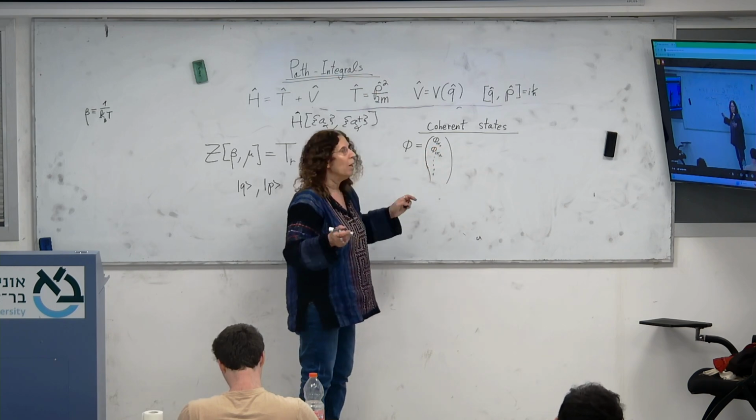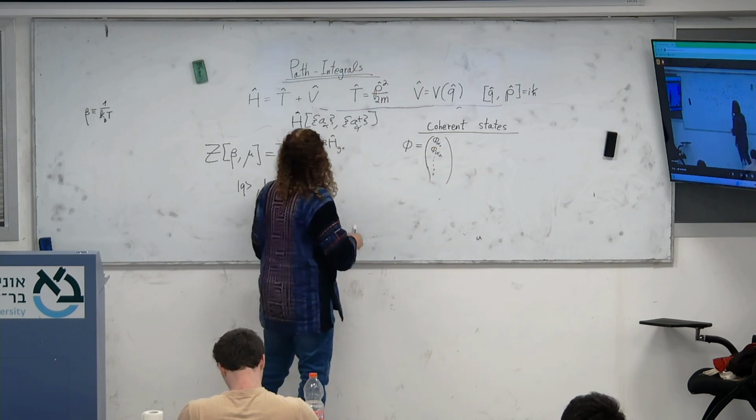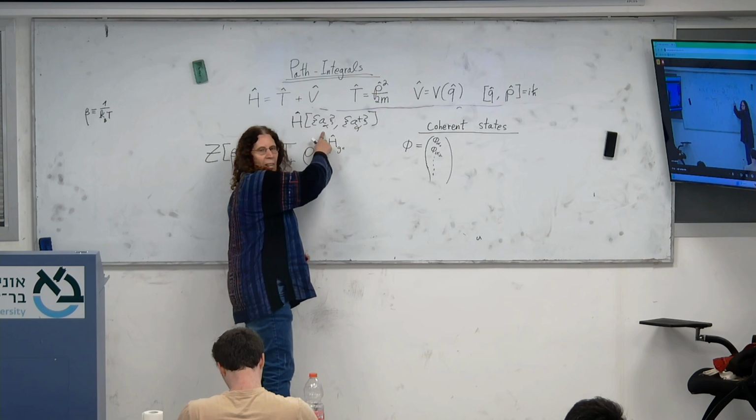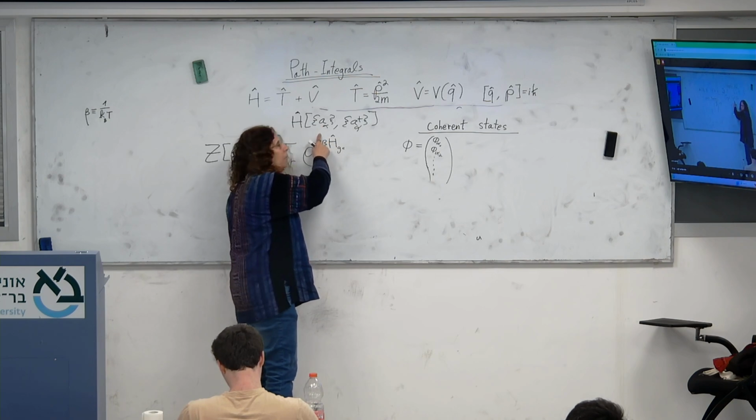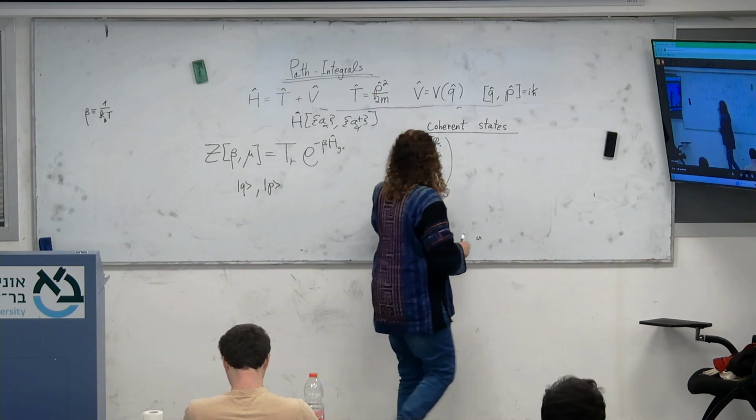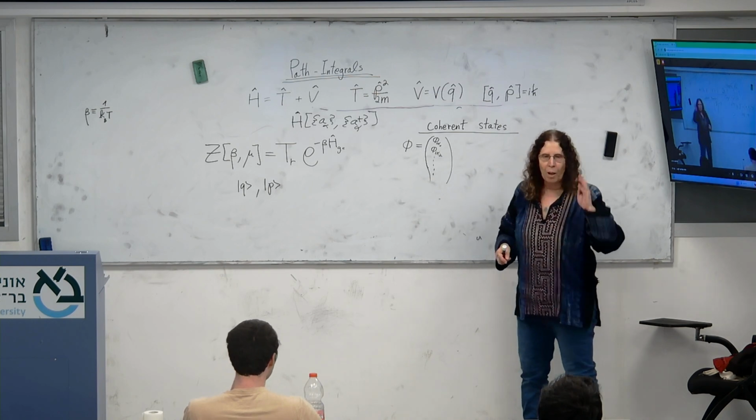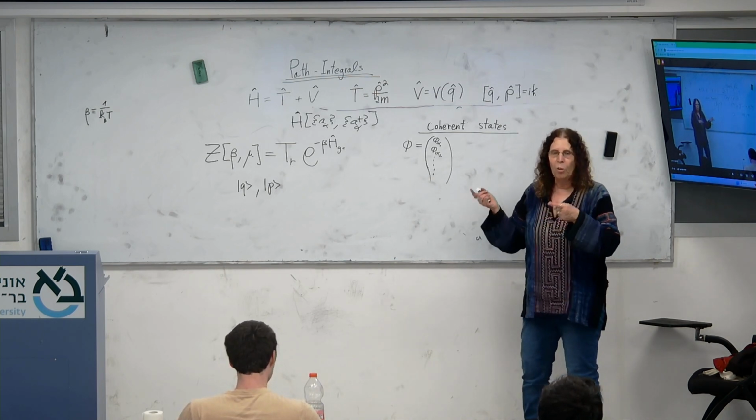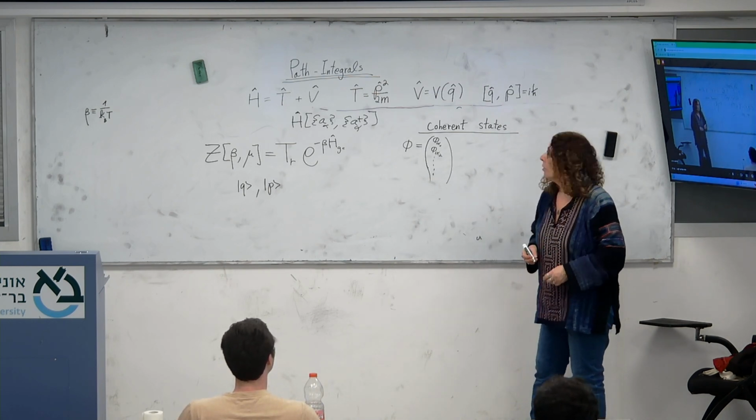Alpha are the single particle basis over which we define our A and A dagger. It's a complete set of single particle states of some kind. Doesn't matter, momentum, lattice.